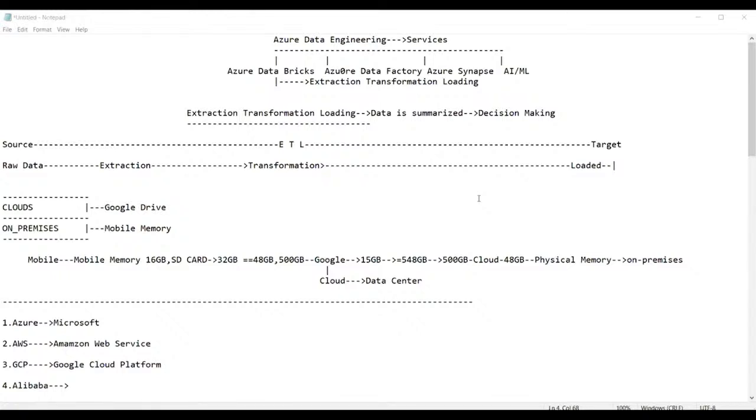Once the data is inserted, picking up the data, preparing or moving it into Delta Lake and then performing the visualization, for all this process we are using the ADB only. Okay, got it.